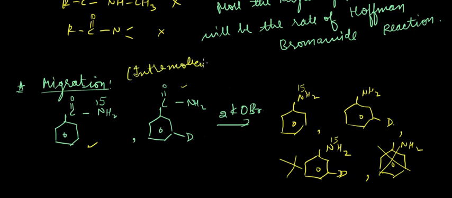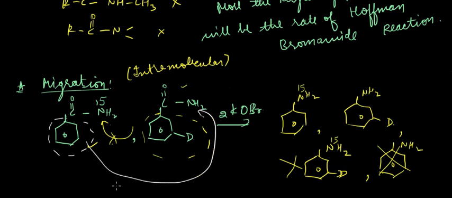If one thinks that this group can get attached to this nitrogen atom, that will not be possible. And if one thinks that this group will migrate to this nitrogen atom, this would also not be possible, even if they are in a mixture.